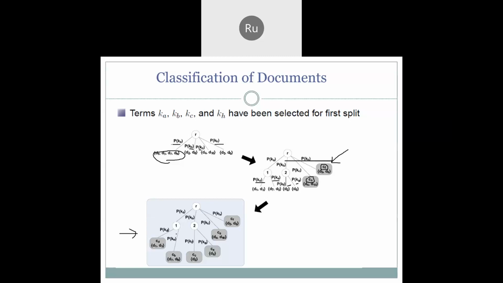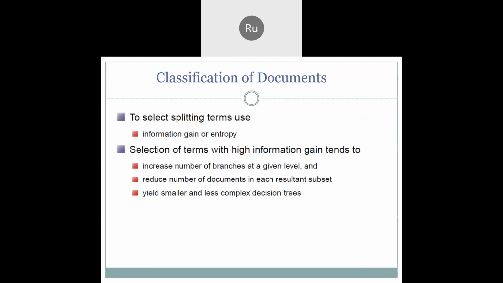Okay. Now, how do we know which keyword we should use in order to split them? So we use the entropy. To select the splitting term, we use IG or the entropy.